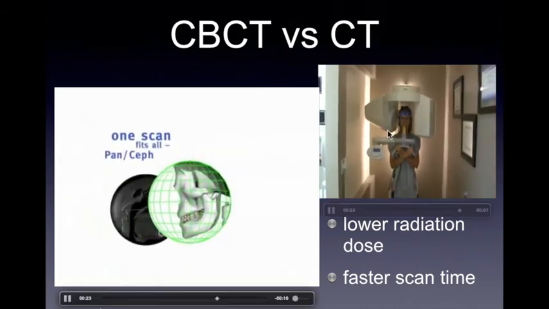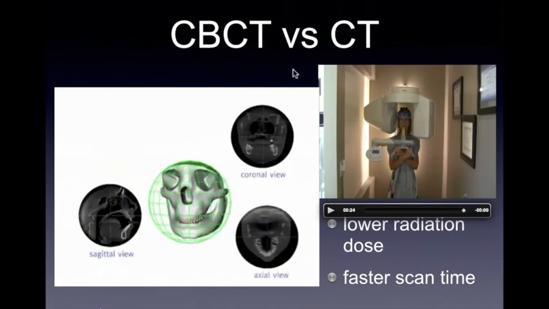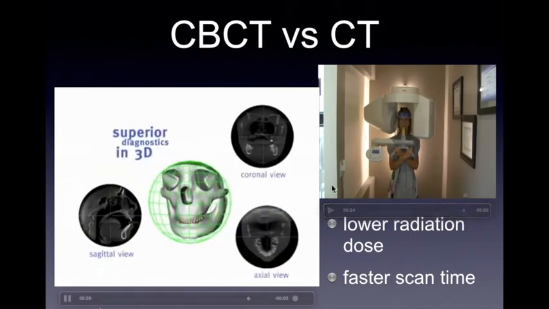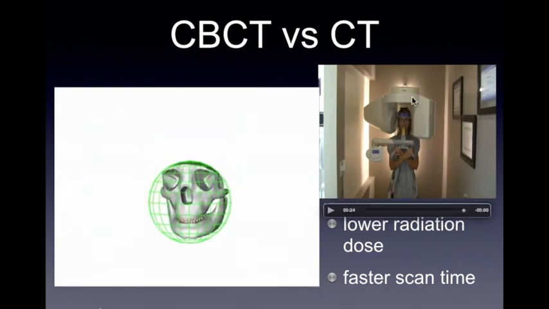If you look at how most CBCTs are taken now, it is taken just like our panoramic radiograph. Instead of moving the patient across a central beam that takes one layer at a time, you allow the patient to be still and you have the machine that moves around instead of a fixed array of sensors.